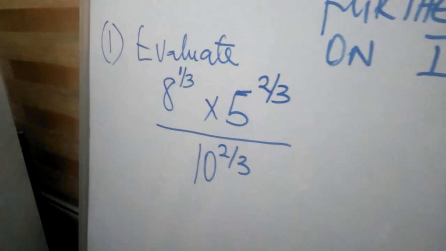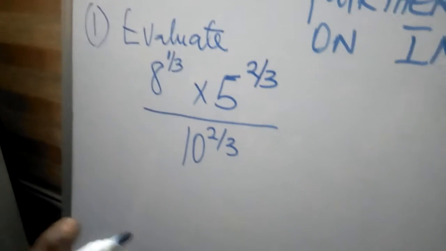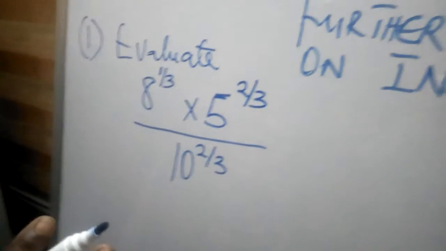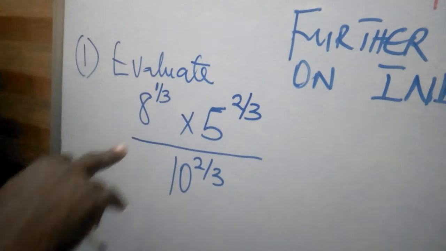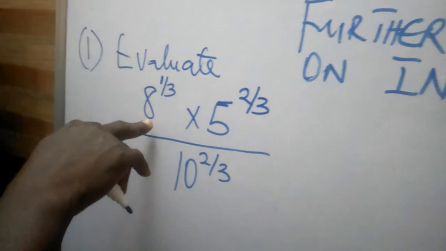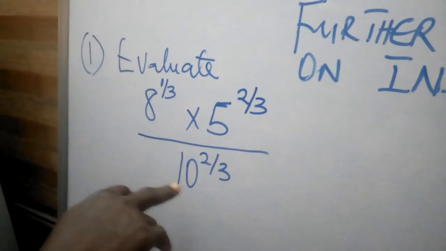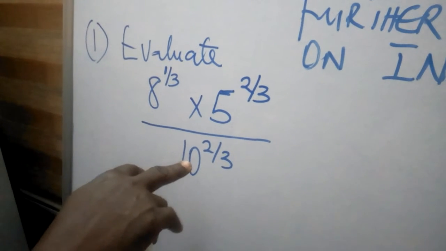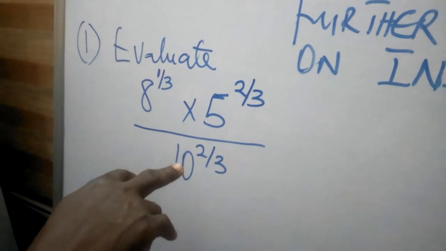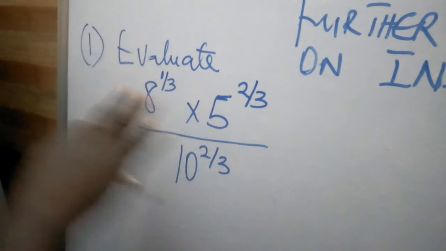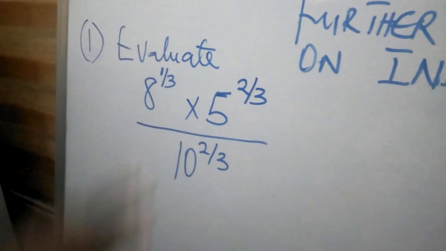Now, if you want to evaluate this, what you think of is to ensure that the base number, when multiplied by any number, will give you exactly the base number in the question.